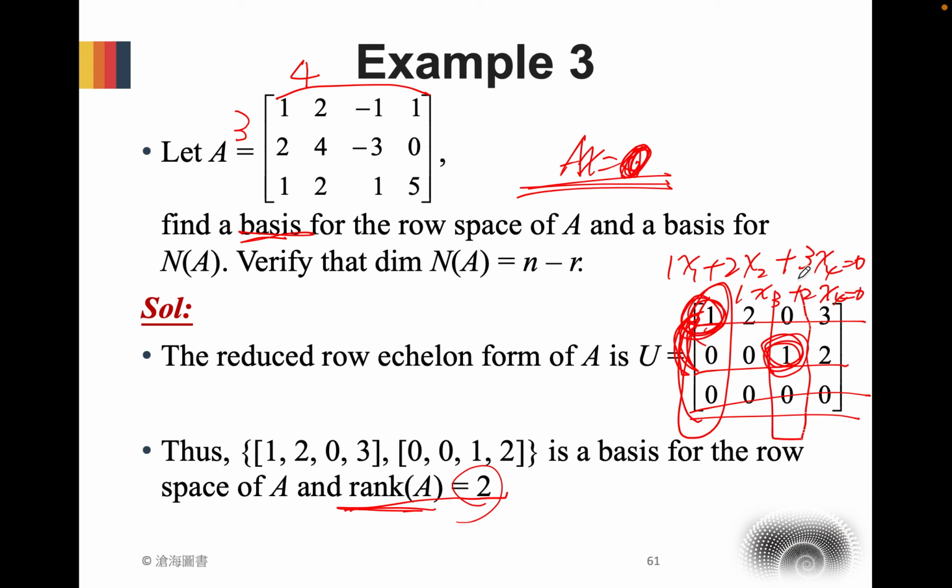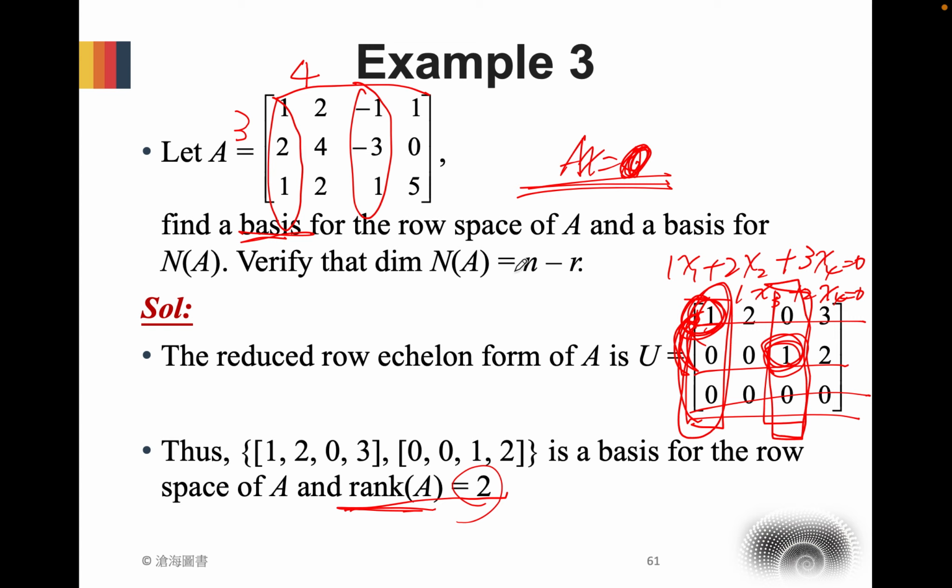We can use these two column vectors to form the column space of U. And for the matrix A, we can also use the first column vector and the third column vector to form the column space of A. Okay?